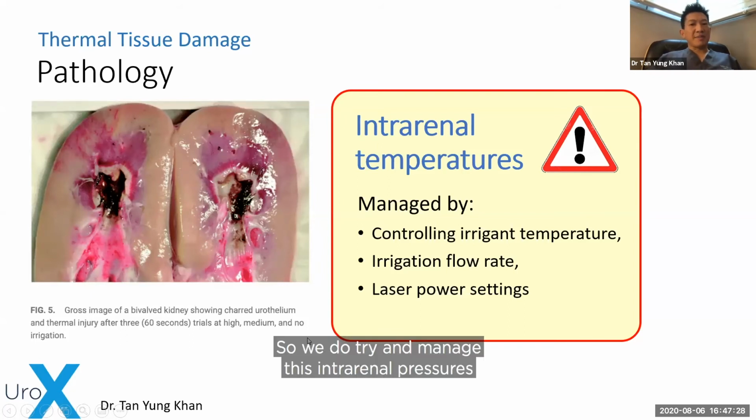So we do try and manage these intrarenal temperatures by controlling irrigant temperature or irrigation flow, or even trying to reduce laser power settings. But once again, this affects the efficiency of stone treatment.